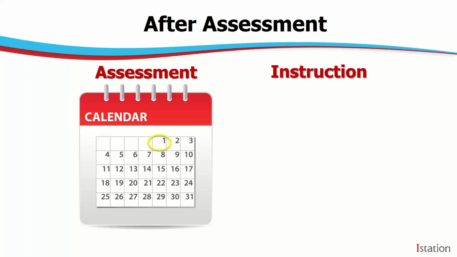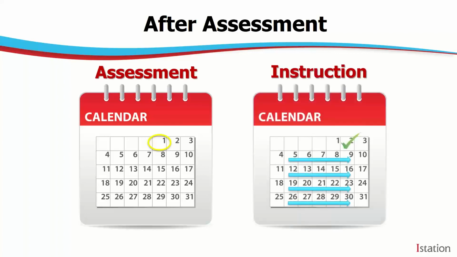But now, because you all have access to the instruction, they would continue logging into iStation, and they would actually be placed into the instruction to work on that adaptive individualized path throughout the month until they logged in again at the beginning of the calendar month, and they would take the assessment.